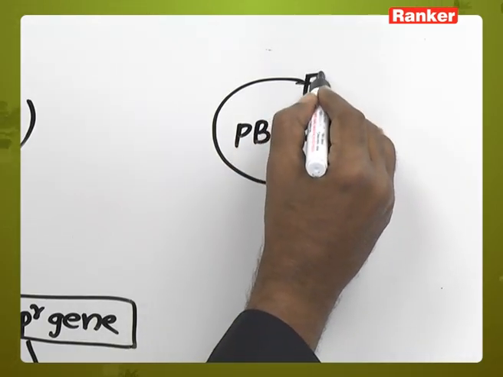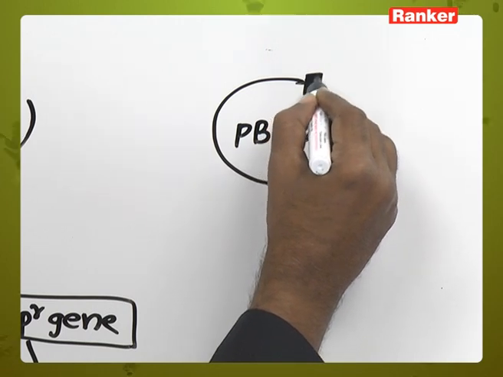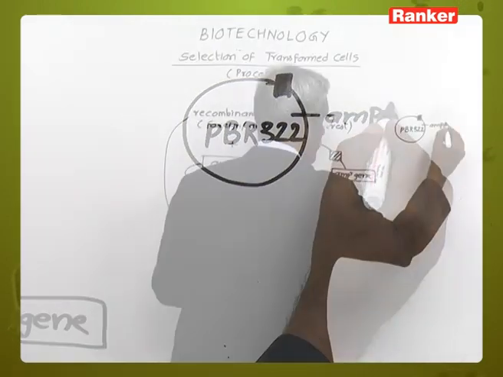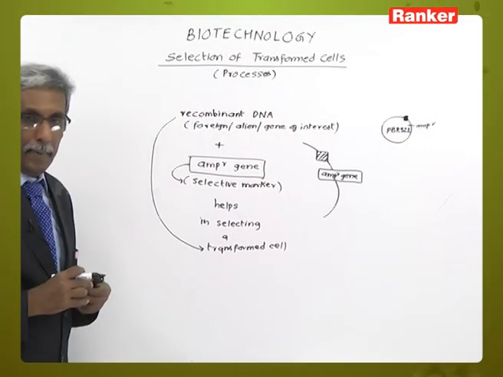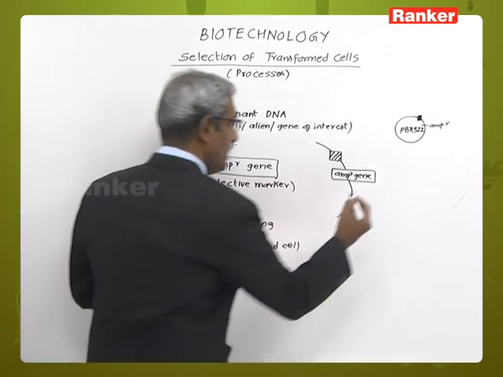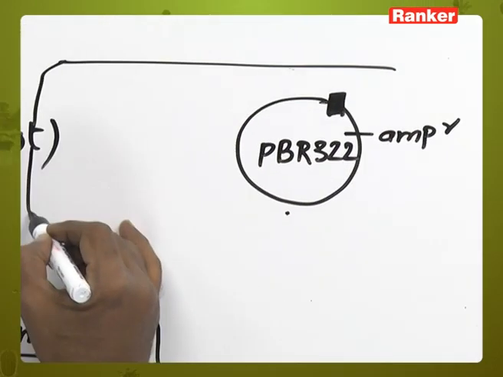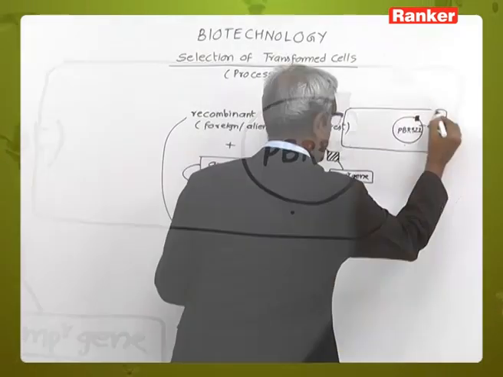You have your gene of interest as well as you also have your AMPR, and the AMPR along with this is introduced into a bacterial cell.